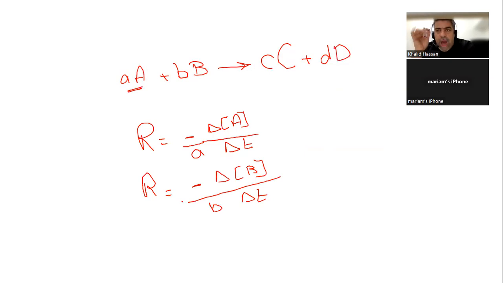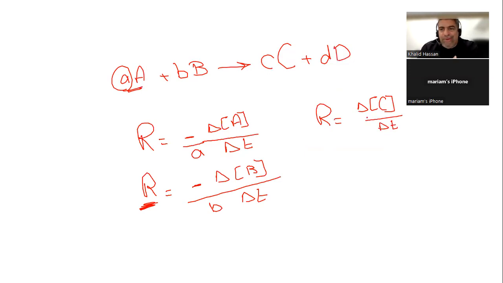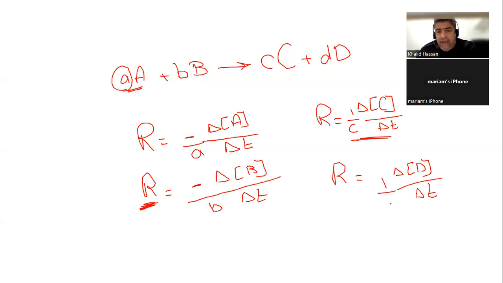So when you are measuring the rate of reaction and you have moles, you have to divide by that. For the concentration of C, the product, there is no minus: delta C over delta T, written as 1 over c, divided by the number of moles of C. And R equals delta D over delta T, divided by the number of moles of D.